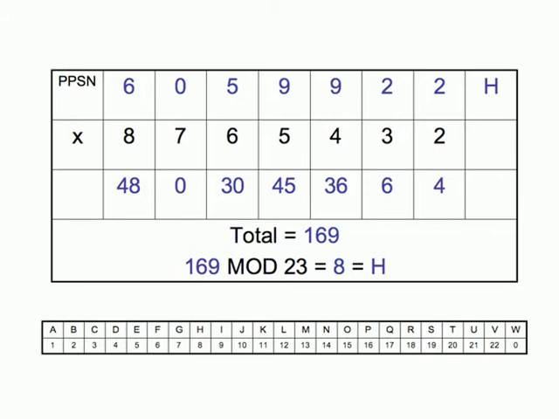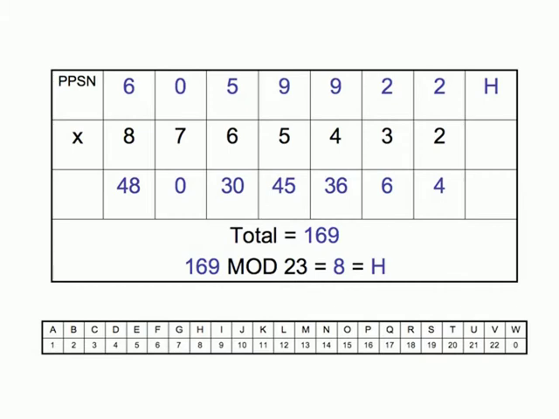We take those products and add them all up together for a grand total. And then we do a mod 23 of that total. And in this case, that gives us 8. Then we use a table to see which letter goes with that number. So 1 gets A, 2 gives B, 3 gives C, and 4 gives D, and so on. So a mod 23 value of 8 will give a checksum letter of H.